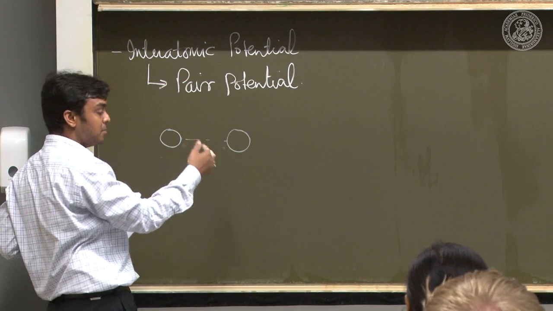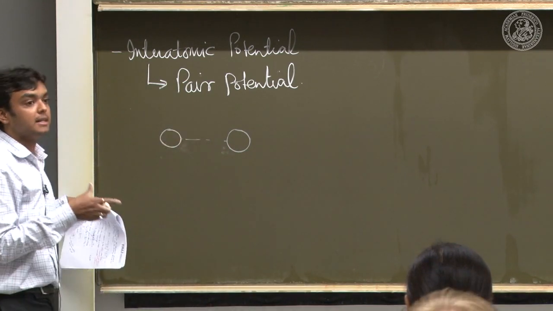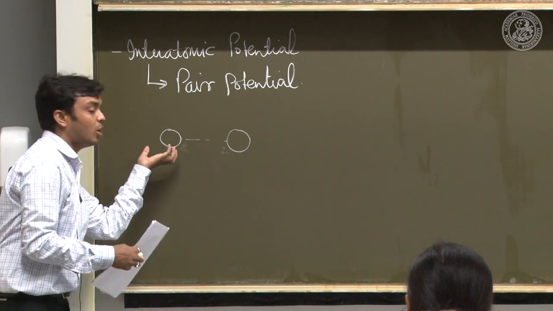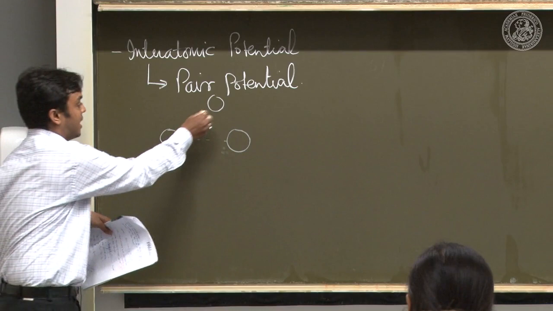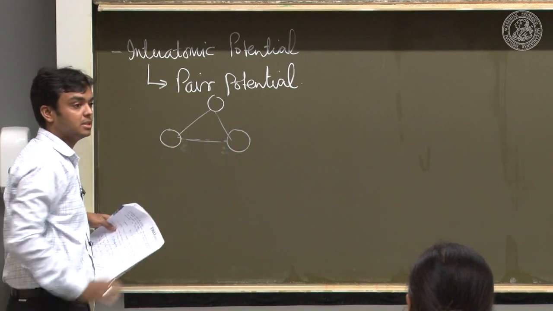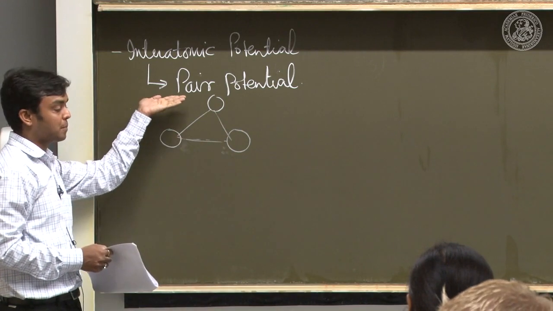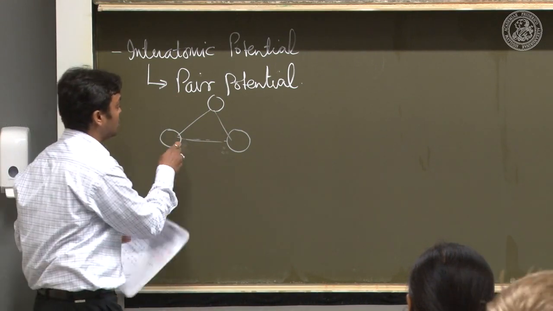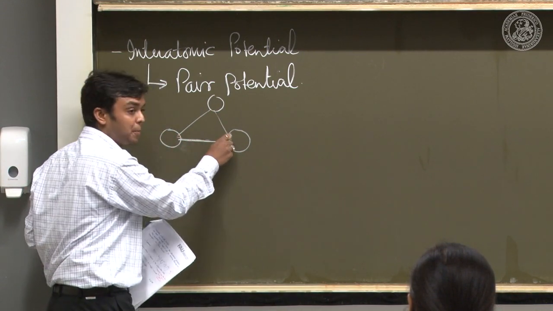There can be, so that's a pair. This is one pair. It can happen that this atom is also affected by another atom, so that's a triad, three atoms, a three-body potential. So this is a pair potential, in which you account for the individual energy of bond pairs.